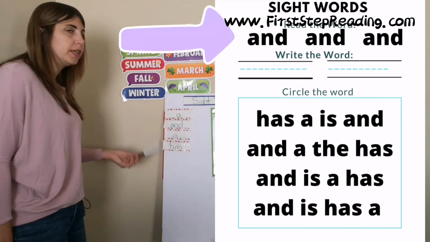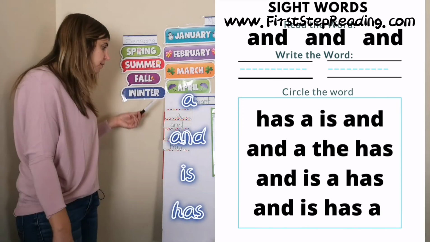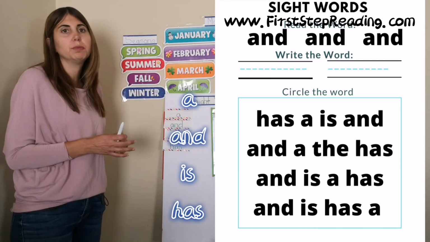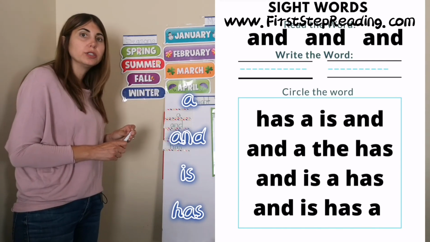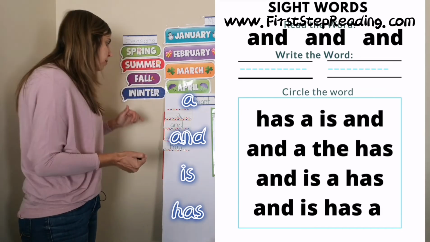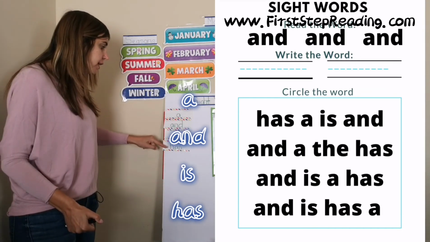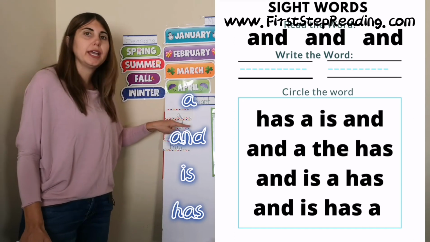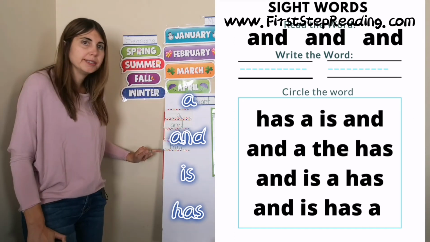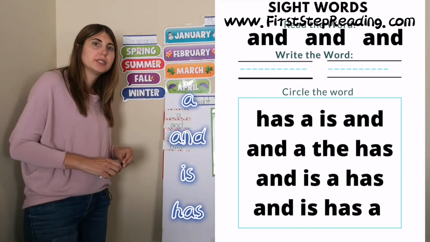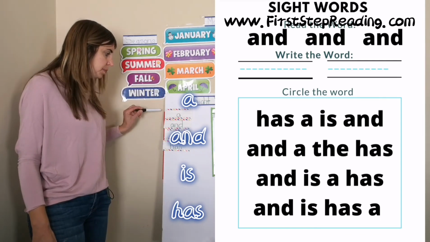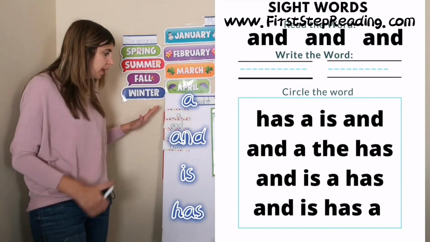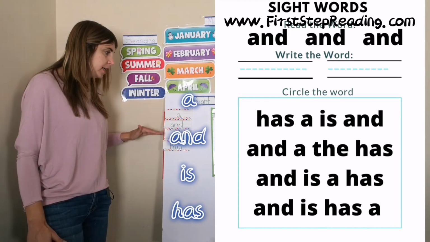The most important thing with sight words is you practice them. So please make flashcards or print our flashcards and practice them. You can also watch our sight word videos. But we've learned a, is, and has, and today we're adding and. Please memorize these words. They are the words you're going to see the most when you're reading, so you want to know these. Okay? A, and, is, and has.